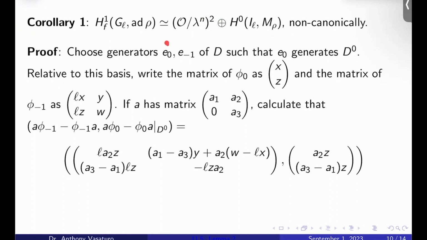If you choose generators E0, E negative 1 of D such that E naught generates D0, we know we can do this, then relative to this basis, we can write the matrix of phi 0 as, say, (x, z) and the matrix of phi negative 1 as (lx, y; lz, w). This is just definitions. And if A has matrix (A1, A2; 0, A3), you can directly calculate that the pair A phi negative 1 minus phi negative 1 A, comma A phi 0 minus phi 0 A restricted to D0 is the following pair of matrices.